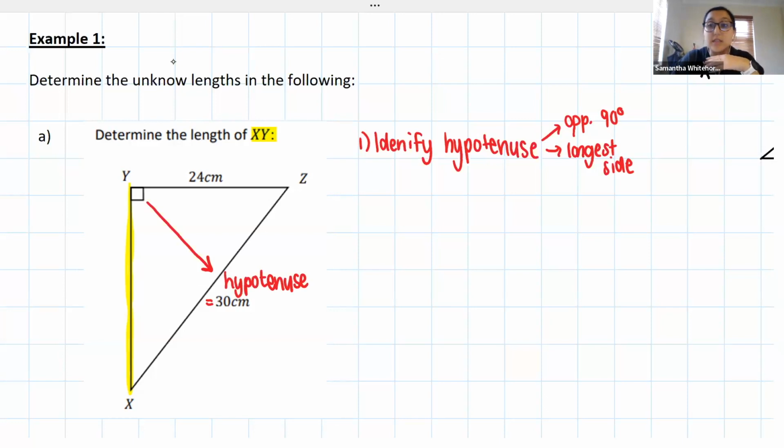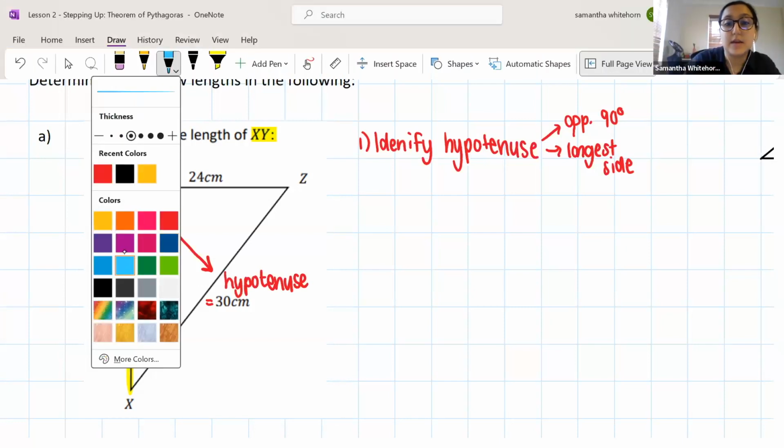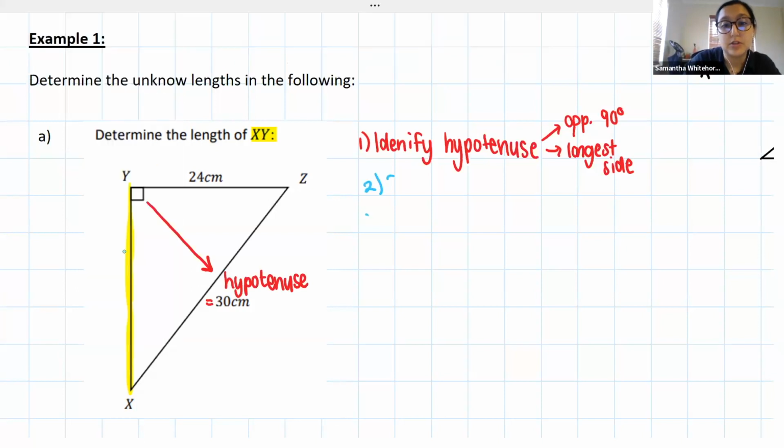Now, once again, this doesn't change anything that we're doing. We're going to do exactly the same thing as what we've been doing. Once I know where my hypotenuse is, my second step is to sub my values into the Pythagorean theorem. I'm going to say Pythag equation.